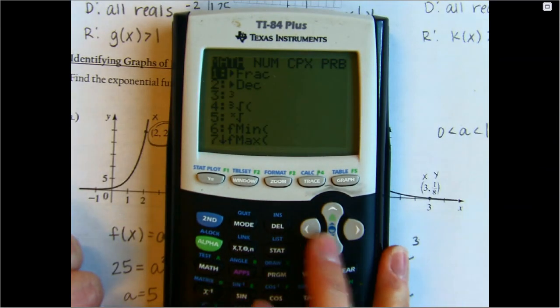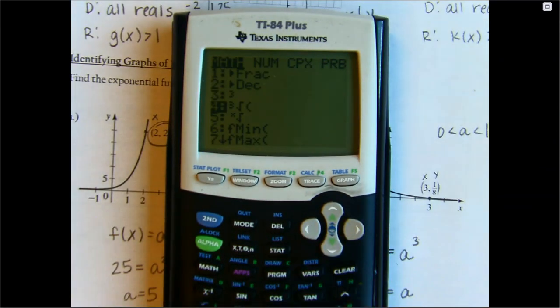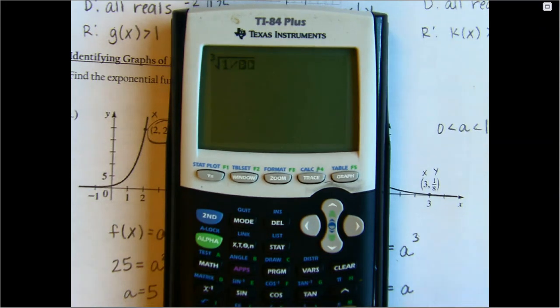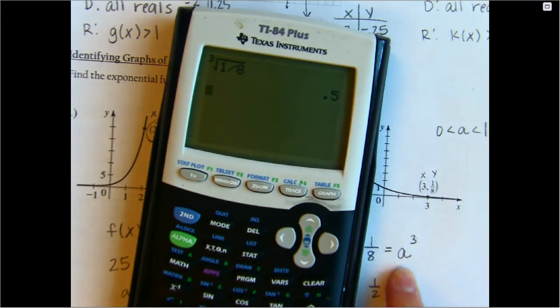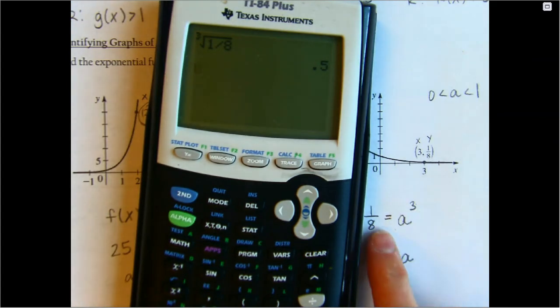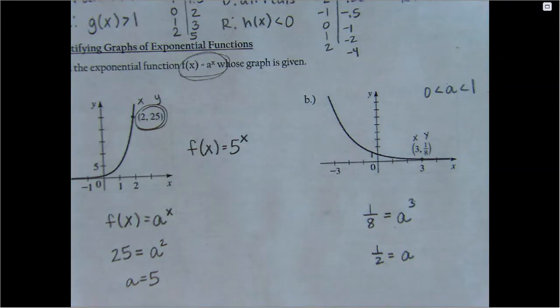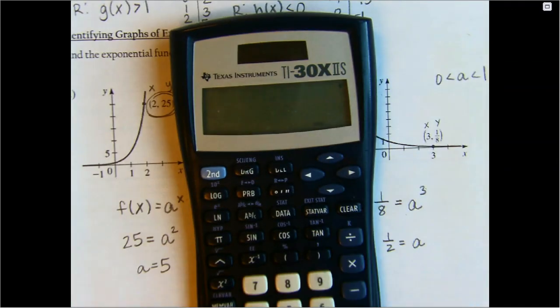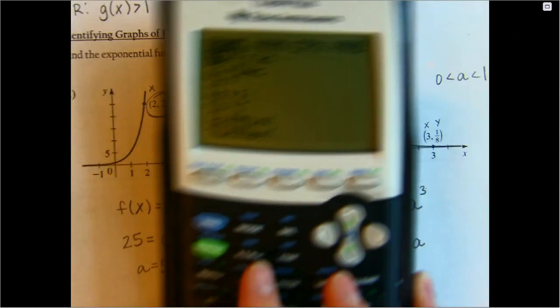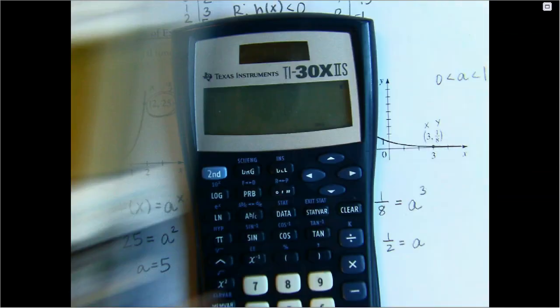Oh, if you go in your math menu on the graphing calculator, the cube root is option 4. And then I would just type in 1/8, right? Because that's the equation we're solving. Instead of taking the square root, we would take the cube root. If you have a scientific calculator, like this one, there's not an actual cube root button like there is here.